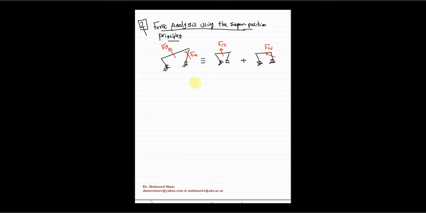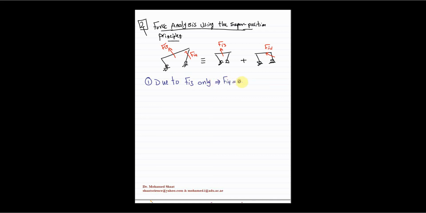These are the two forces that we already have. So let us first do the force analysis due to the Fi3 only.